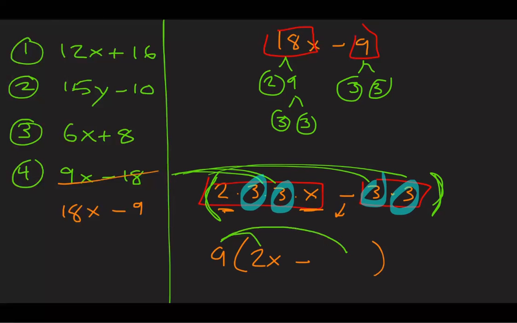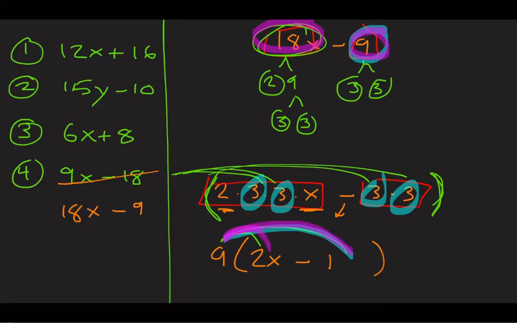So you would do 9 times 2x, which would give us 18x. That's good. But then we need to do 9 times something, and that gives us 9. What goes there? It's going to be a 1.